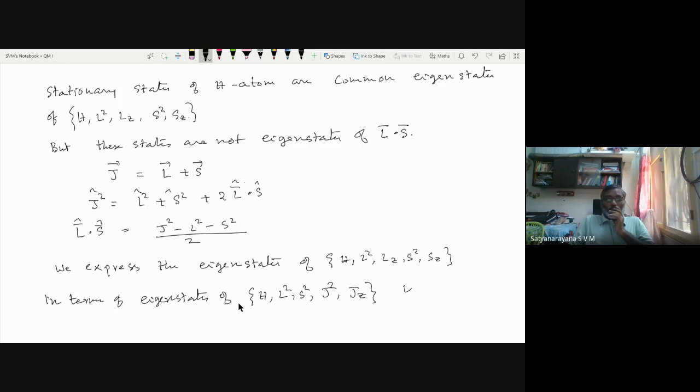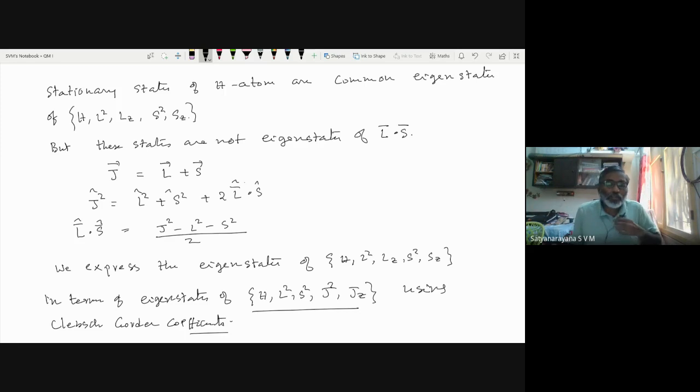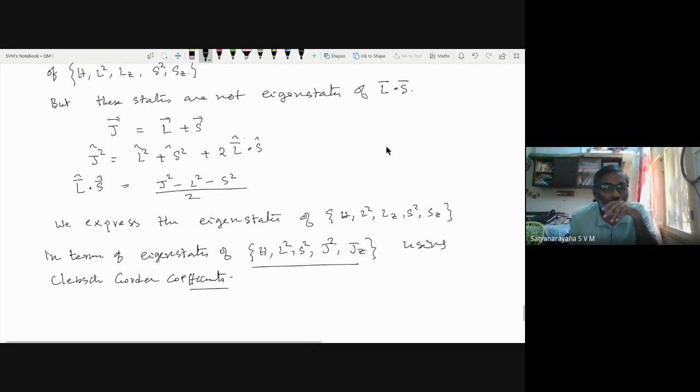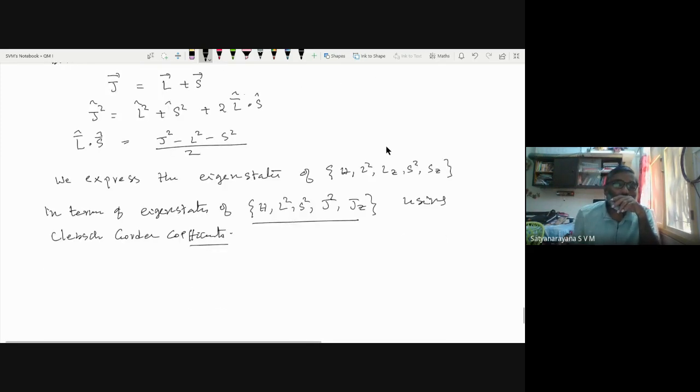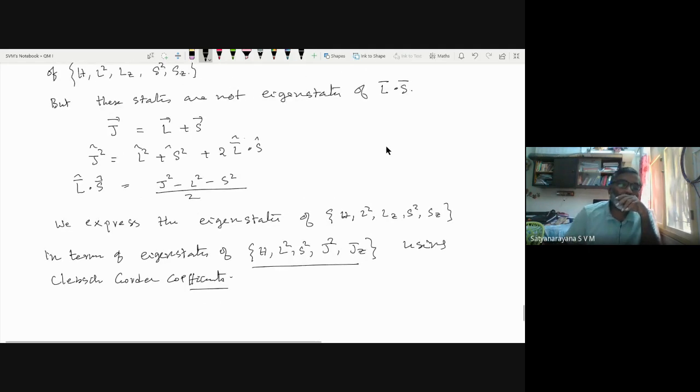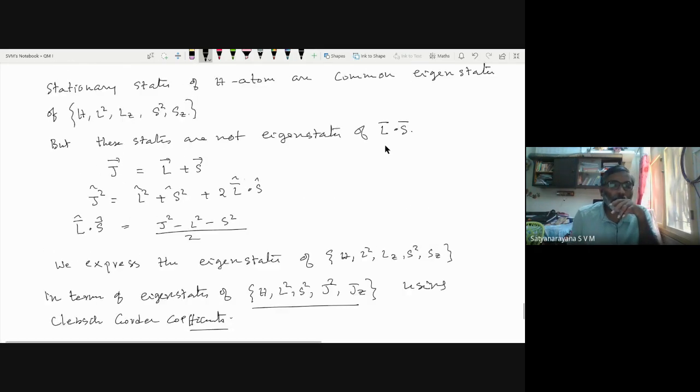Okay. Using what do we require? Using Clebsch-Gordan coefficients. Now, eigenstates of this CSCO will also be an eigenstate of L dot S. So if you want to do a first order calculation in perturbation theory, you require to actually calculate the spin orbit coupling.